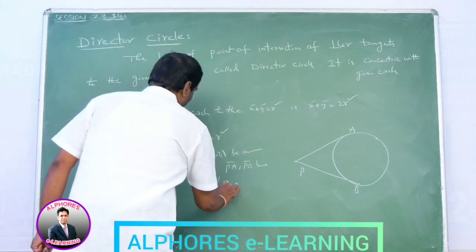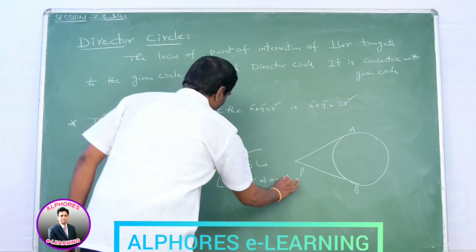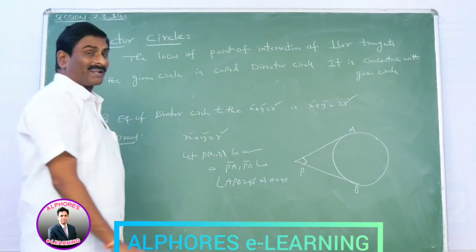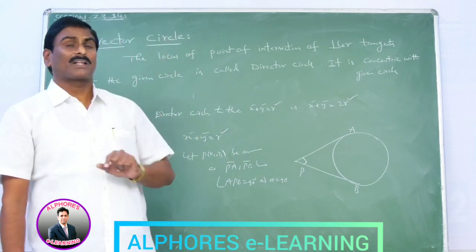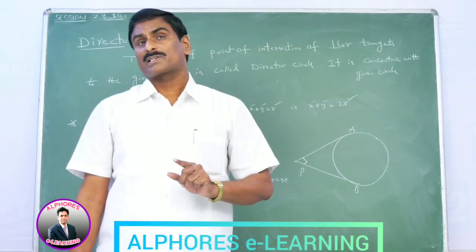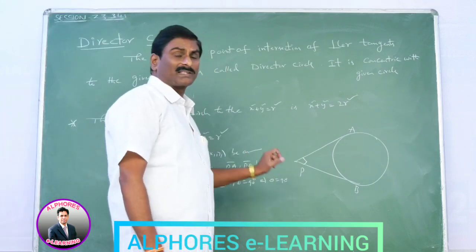Then angle APB is equal to 90 degrees, that means theta is equal to 90 degrees. If the point lies on the director circle, then the angle between the tangents must be 90 degrees. What is the definition of the director circle? The locus of the point of intersection of perpendicular tangents is said to be a director circle. So the angle between the tangents must be 90 degrees.